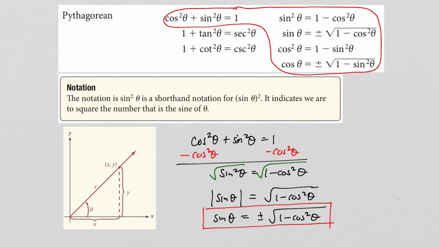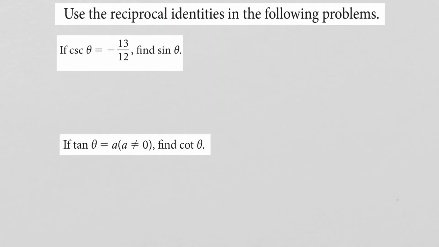Now let's take a look at some examples. All right, we'll start with a couple of review examples. First example says, use the reciprocal identities in the following problems. If cosecant is equal to negative 13 over 12, find the sine. So remember, sine is the reciprocal of cosecant.